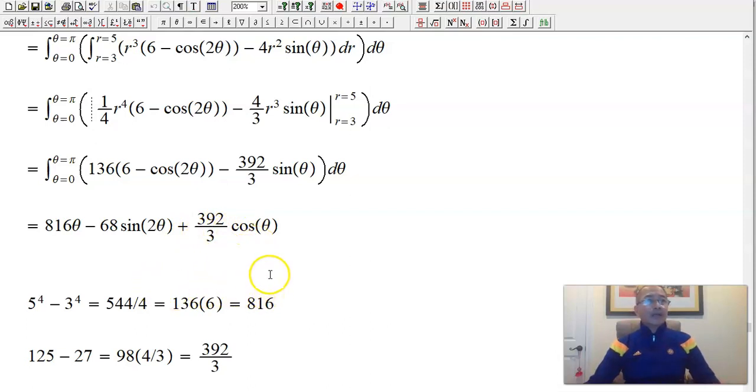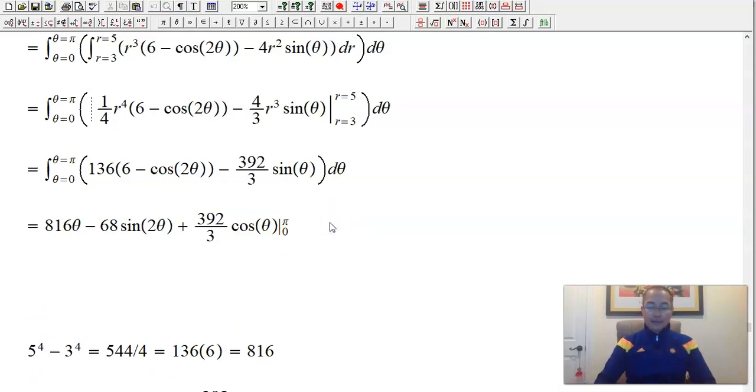Plugging in the endpoints, we go from 0 to pi. We're going to get 816 pi. And then what is sine of 2 pi? 0. So minus 0.